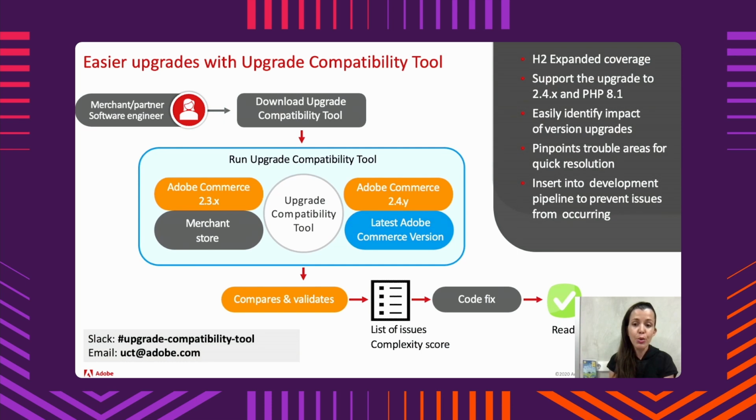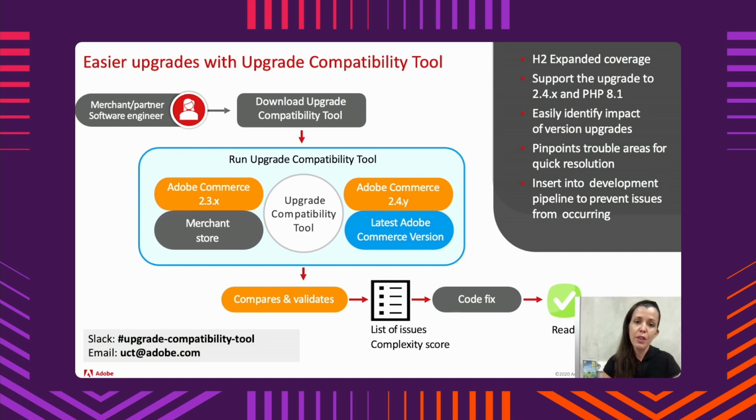With easy-to-use commands and timely execution, in a matter of minutes, the tool helps programmatically identify places where conflicts might potentially occur between a custom implementation and the new Commerce version to be applied.